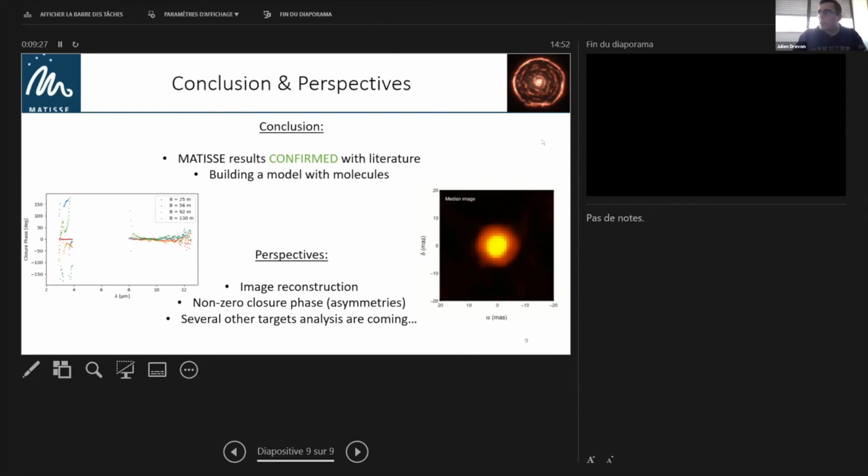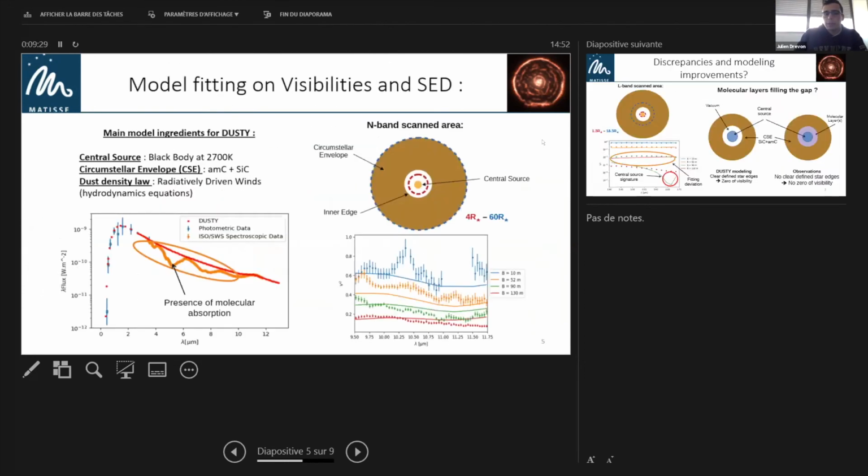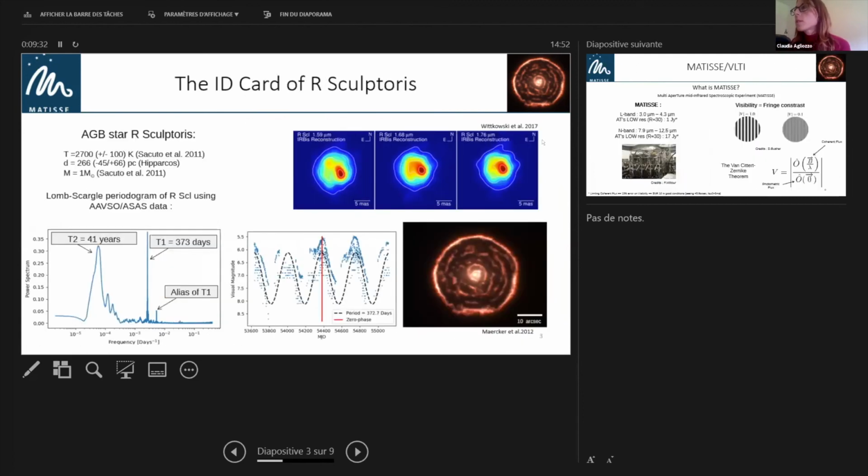Sorry, the question was about the binary? What properties of the inner binary cause the spiral? Oh, so we don't know about the binary, but we think that if there is a binary and if it is responsible for the spiral arm, we expect, in fact, to have at some point in the closer environment of the star a kind of plume structure, which is the beginning of the spiral pattern, appearing in the close environment of the star, and maybe which can lead to some other explanation on the binary or its properties.